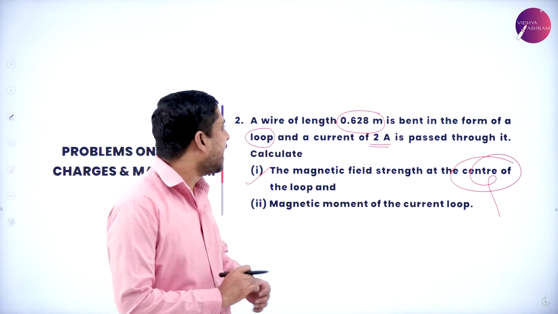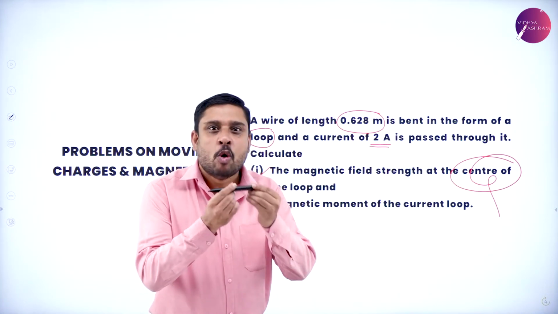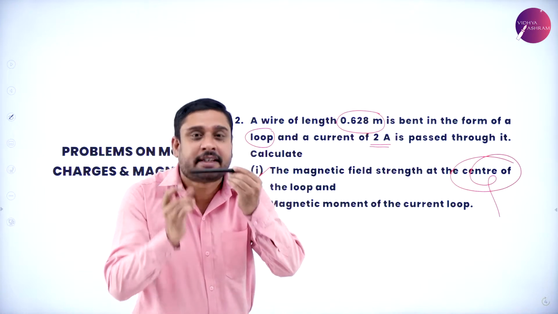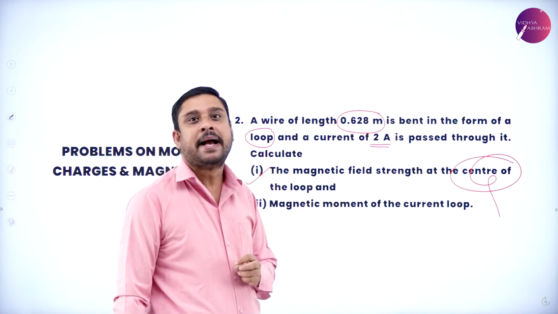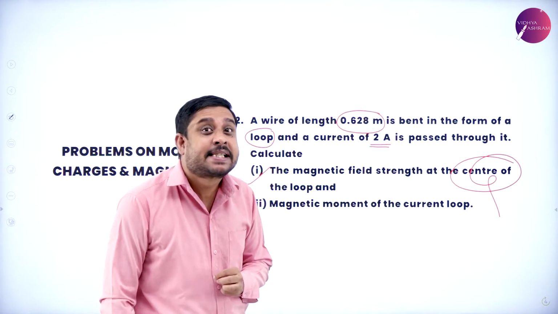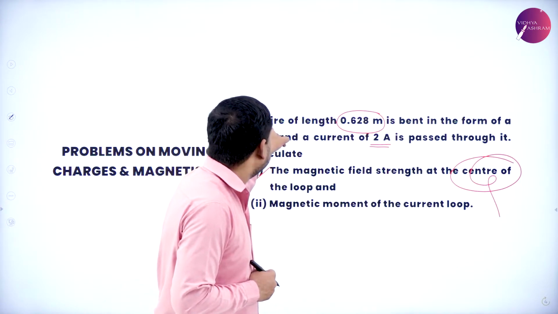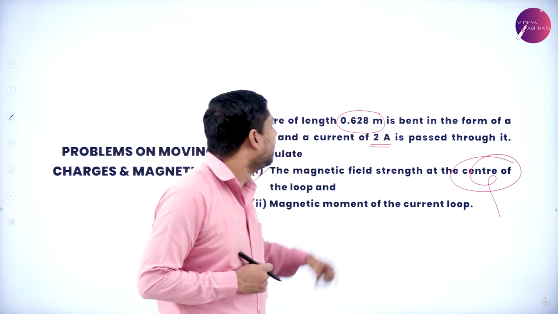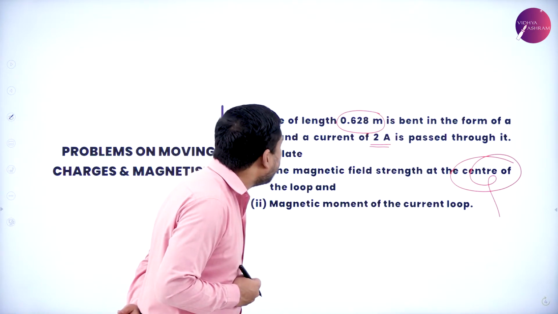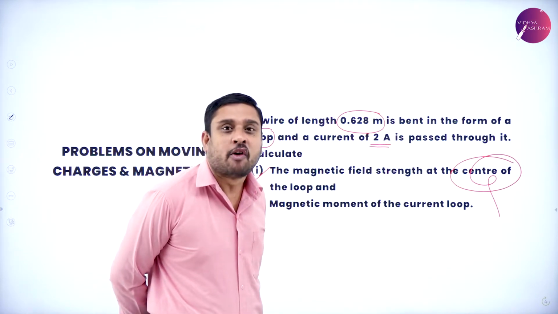So the problem says there is a wire. Keep in mind, wire is a straight conductor. So there is a wire of length 0.628 meter.